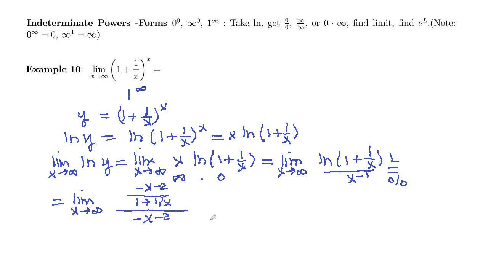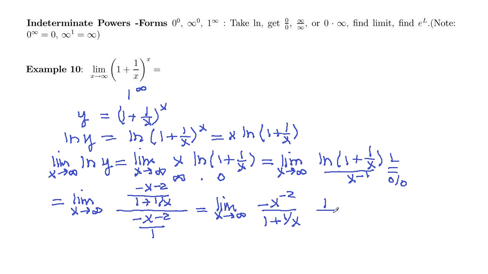And now we want to simplify as much as possible. So we want to take this and invert and multiply here. So this will equal limit x goes to infinity, negative x to the negative 2 over 1 plus 1 over x, and then invert and multiply this guy.